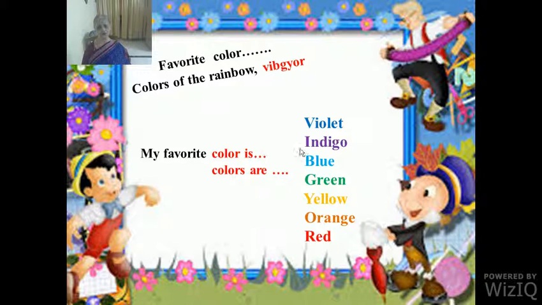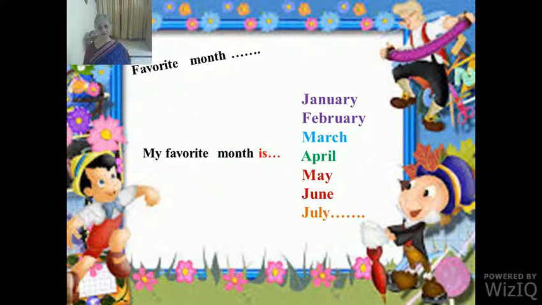Now you may have other colors that you like. For example, you may say, I like white, or I like black, or I like purple. There are many colors, but I have given you only these colors because I want you to remember the colors of the rainbow with VIBGYOR.